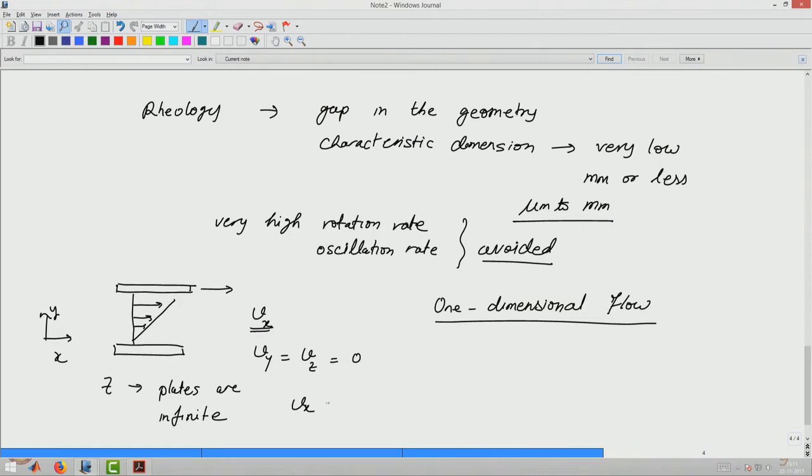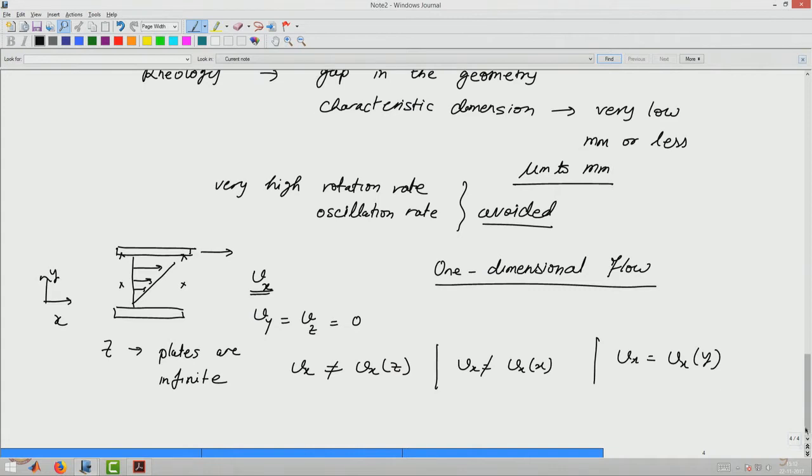Therefore, Vx is not a function of z, and similarly Vx is also not a function of x, because we are assuming that at this point in the plate or at this point in the plate the velocity is similar. Similarly, at this point in the plate and this point in the plate the velocity is similar. So, this leads to the overall conclusion that velocity is only a function of y.